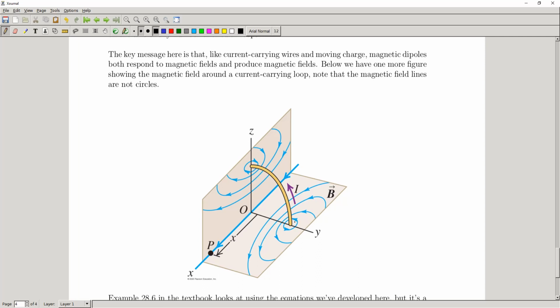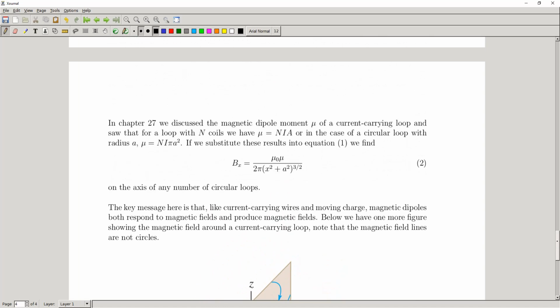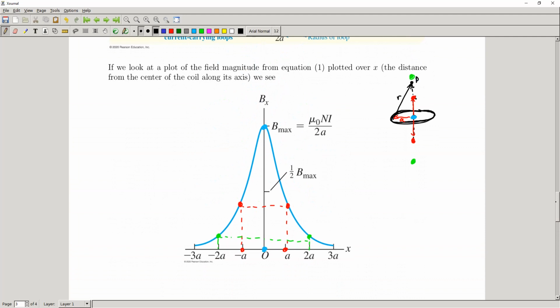If you were to grab this current carrying wire with your right hand, your fingers would curl in the direction of our magnetic field lines. Your thumb would be in the direction of the current, and you can see that in the very center, along where these two planes hit, this is our axis, right? This is our axis this way, and this is where our magnetic field is the strongest, according to our plot that we saw here.